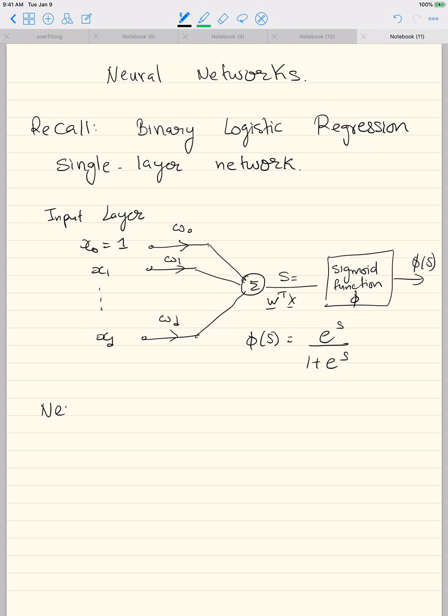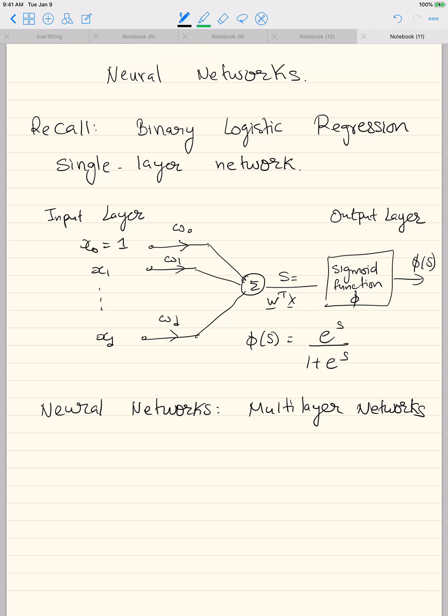Now neural networks are multi-layer networks. So instead of a single layer, here there is the input layer and an output layer and just one layer of weights. We will have multiple layers of weights.